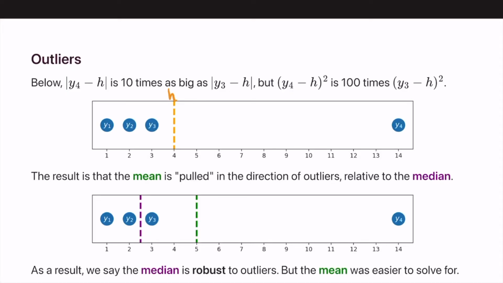It's not H star, it's just a prediction. And what we want to do is see how far all four of these values are from our prediction. And this data set is not the same as the previous toy data set. This is a new toy data set. So we have Y1, 2, 3, and 4, and these are at values 1, 2, 3, and 14.